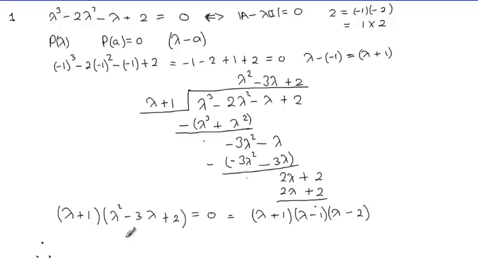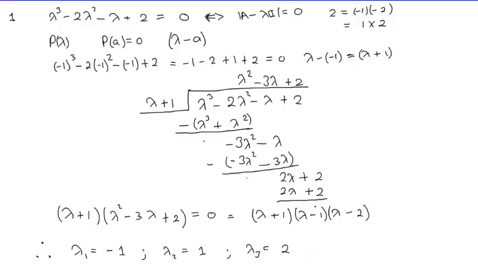taking from this being equal to 0, lambda 1, our first eigenvalue is minus 1, lambda 2 is equals to 1, and lambda 3 is equals to 2.